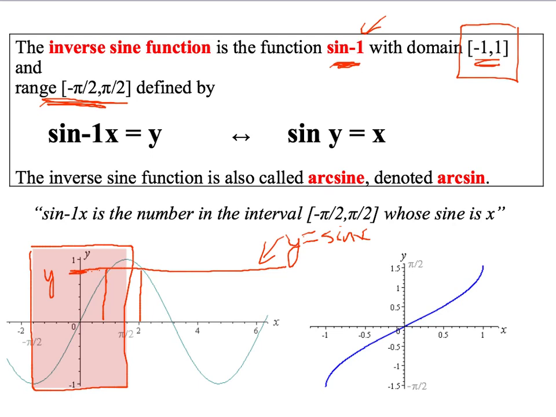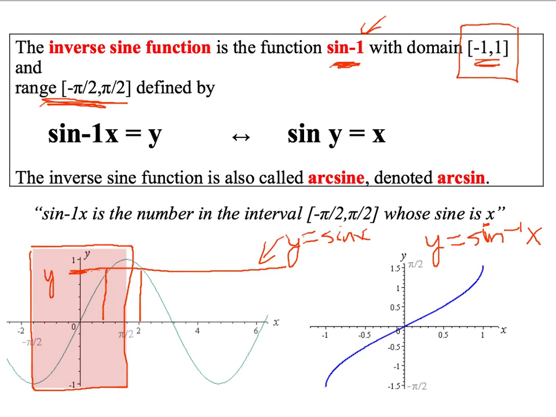And when we go and graph our inverse sine function, really all we have to remember is that its graph is a reflection over the line y equals x of the sine function.